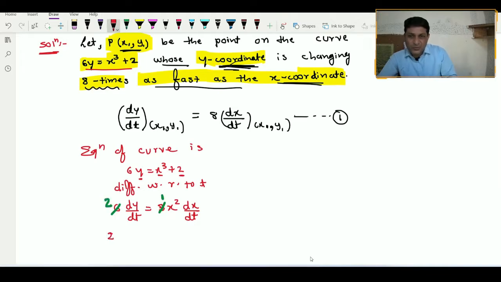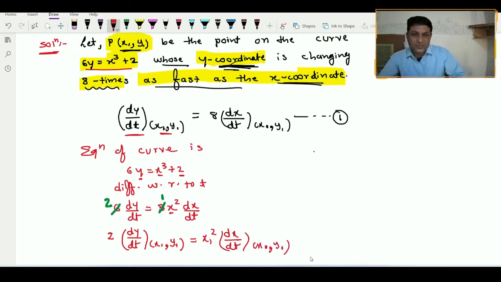So here 2 dy by dt, but according to our given condition value of dy by dt at which point? x1, y1. That's why we are finding this value at a point x1, y1. So on this side x I am replacing by x1. So here we will get x1 square and dx upon dt at a point x1, y1. So 2, keep it as it is.